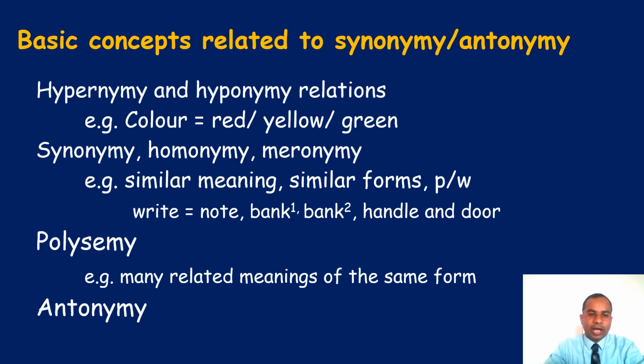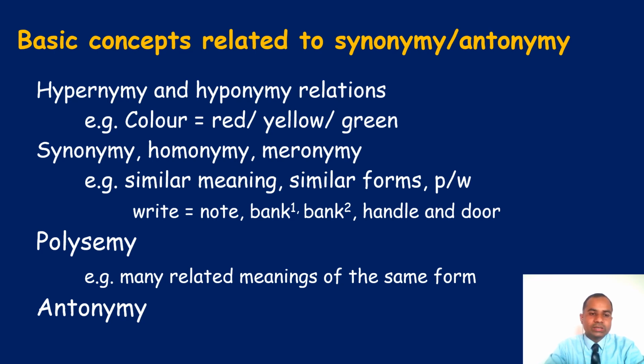So color is a hypernym, whereas the relation between different colors under the broader term color, colors like red, yellow and gray, having some relation among them, is called hyponymy. So you must not confuse these words. In most of the competitive exams and other exams, they use these kinds of terms or terminology. So you must know what these terms mean.